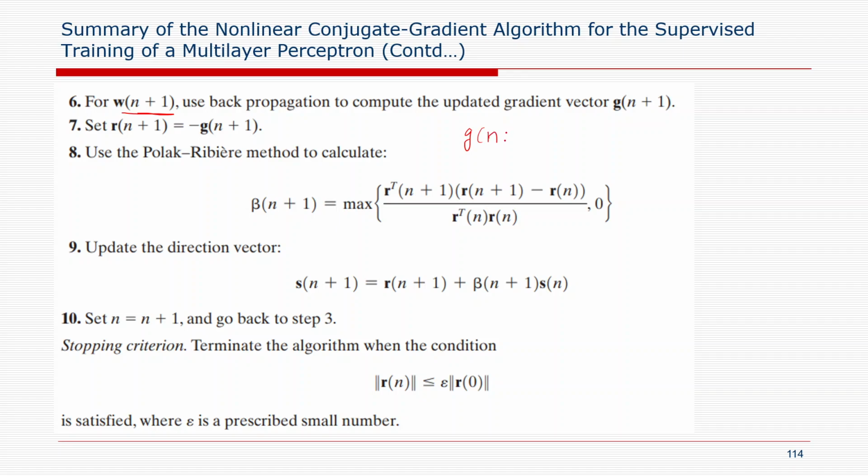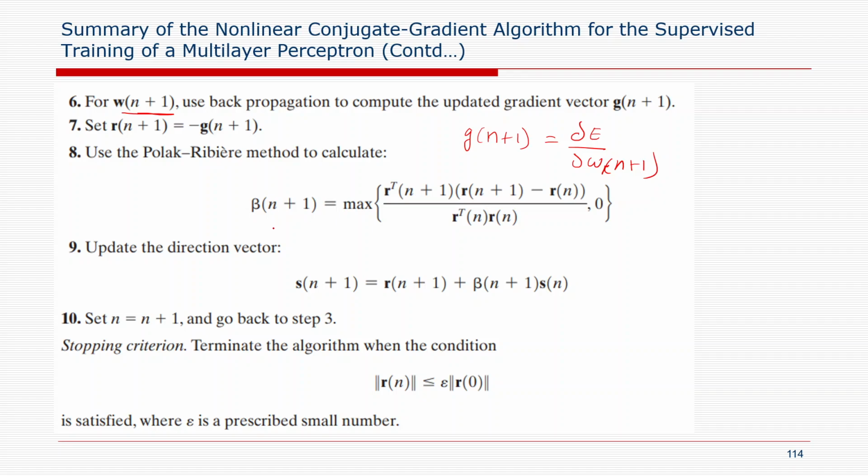That is, g(n+1) will be the rate of change of error with respect to the updated weights, that is, w(n+1). That is the gradient with respect to the new updated weights, and then set the residual r(n+1) to minus g(n+1).